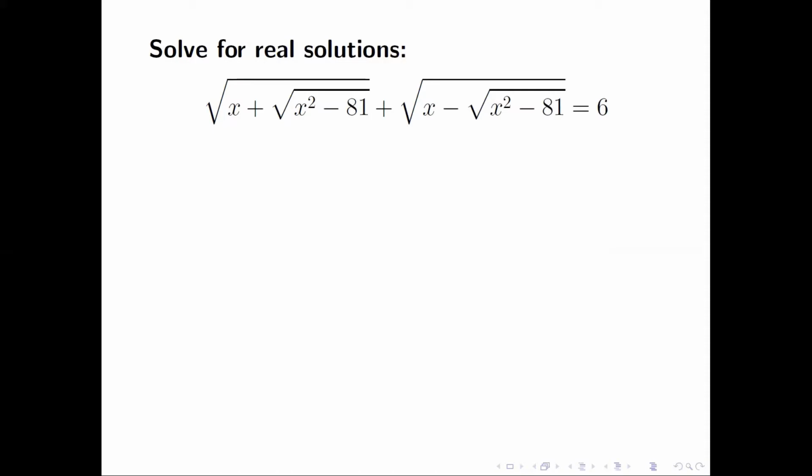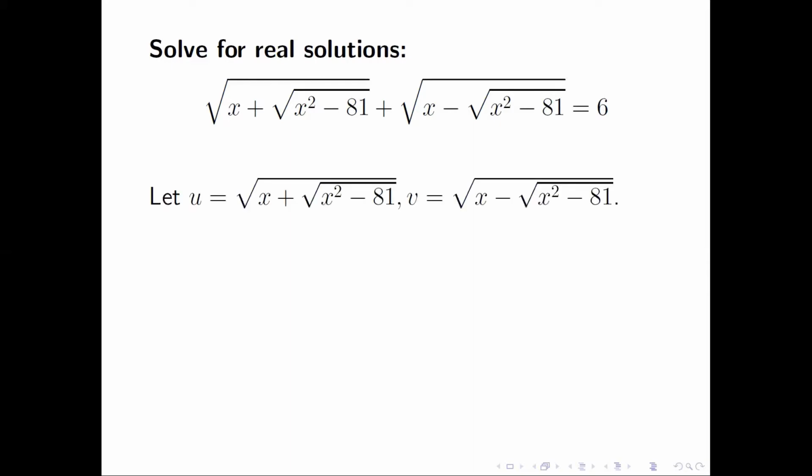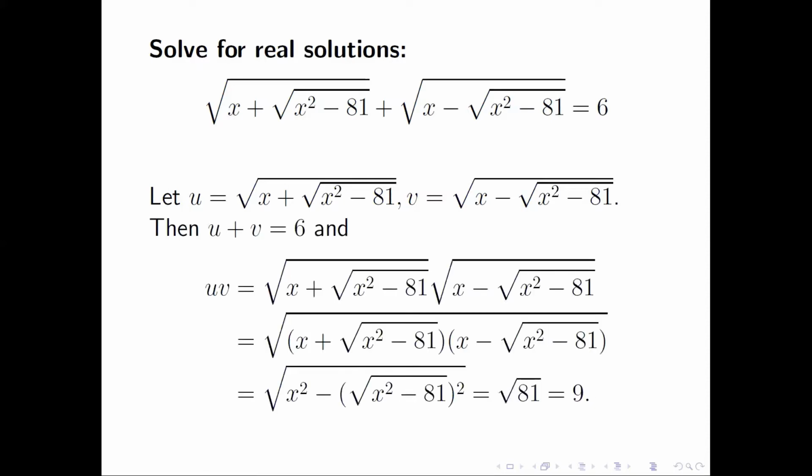The third one contains a couple of nested square roots. Once again, let u equal the first square root and v equal the second square root. So we have u plus v equals 6.